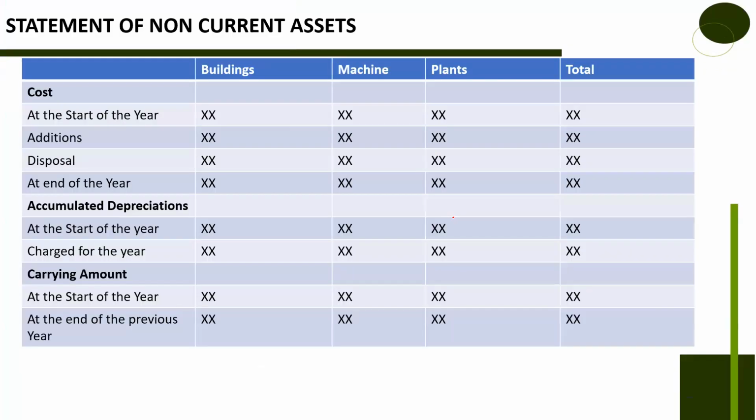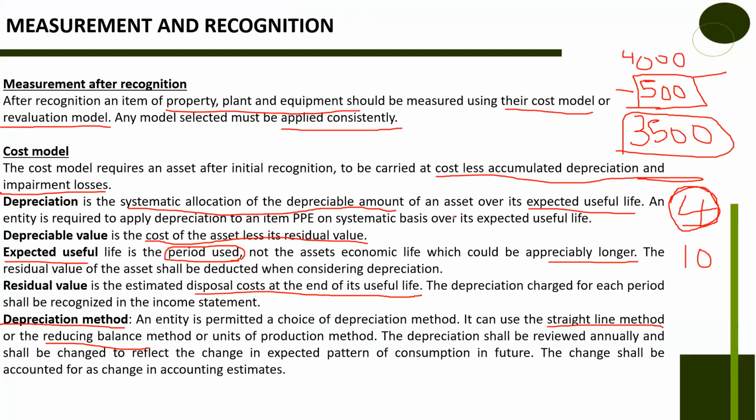Let me just show you when we spoke about it here. We said our depreciable value is what? The cost of the asset less its residual value. And I made an example here. I said if the cost of the asset was 4 million naira and the residual value is 500,000, then 3,500,000 is the depreciable value. This is the value that we would divide by the number of years.